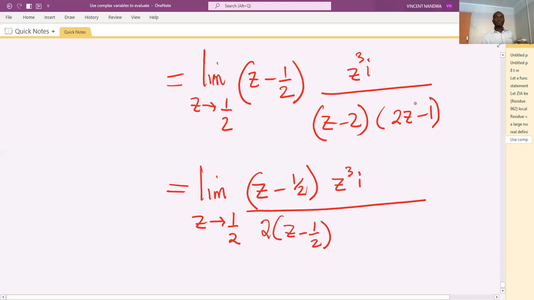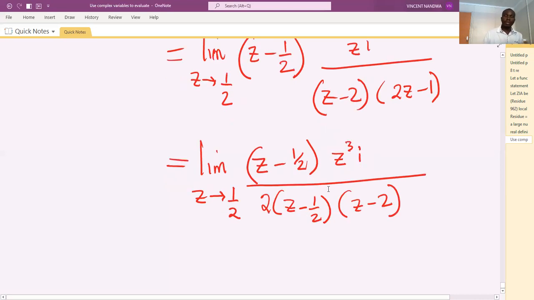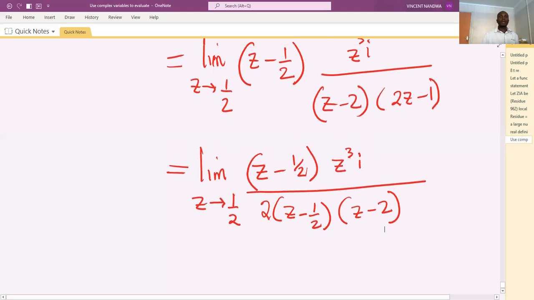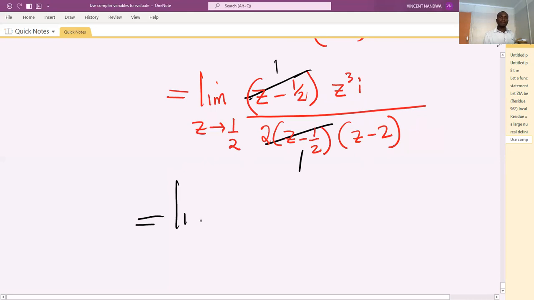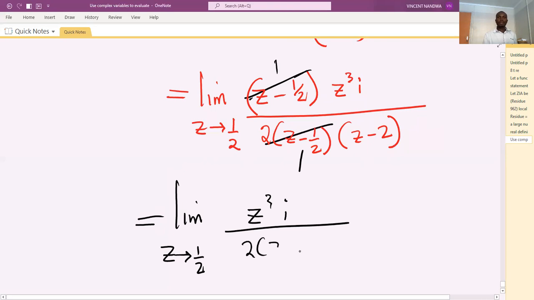So this is the same as what we have as the second bracket, then z minus 2. Immediately we do that, we now do some crossing. So this bracket and this bracket cancel out. So I'll have the limit as z approaches a half of z cubed I over 2 into z minus 2, which will be a half cubed I over 2 into a half minus 2.